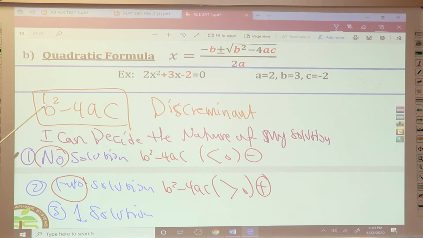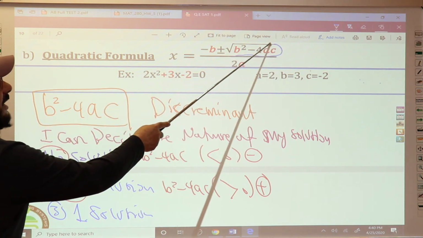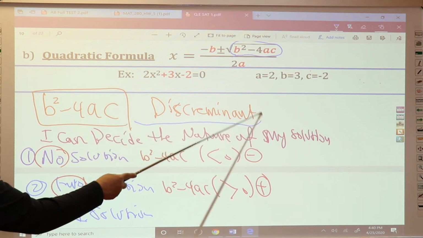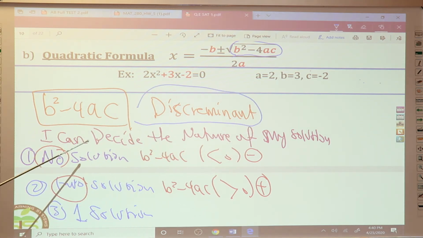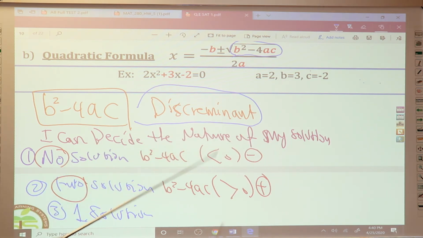Wow, this is a very important guy. B squared minus 4ac, and you will see in the SAT problems, we're going to see it a lot. This, under the radical, is what we call the discriminant. It is the one that decides the nature of my solution.